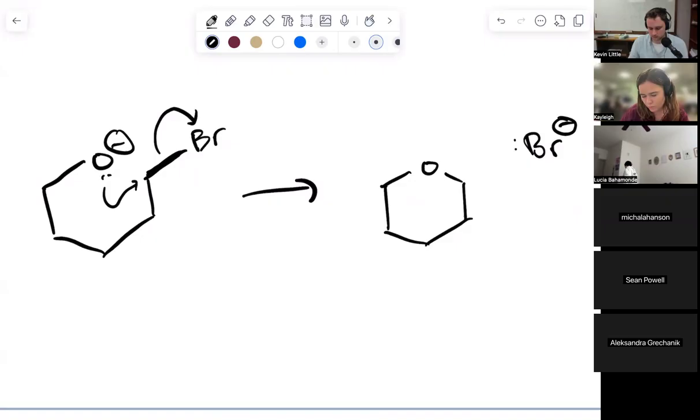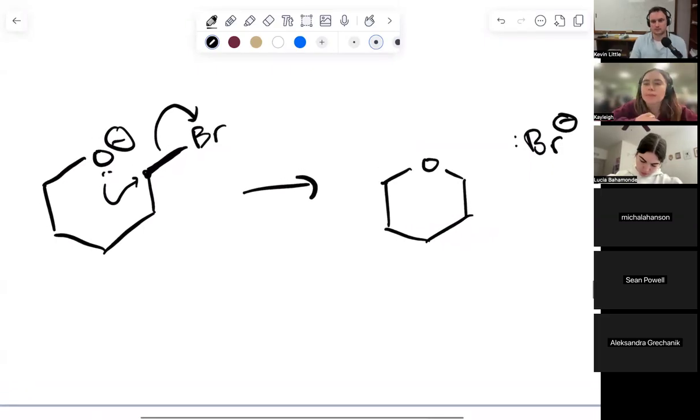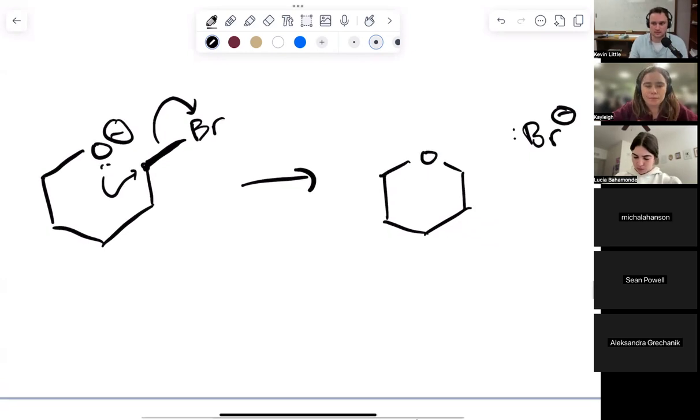And the one on the right, you're saying this is an alkyl halide, alkyl bromide, because it's a bromine attached to an alkyl group. Alkyl halide is any halogen, whereas alkyl bromide refers to the specific halogen.